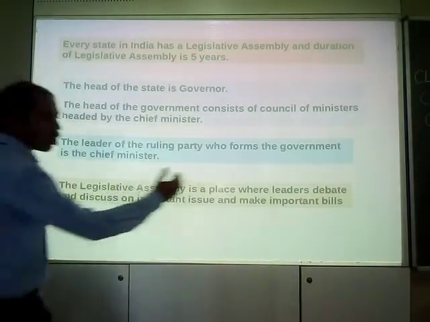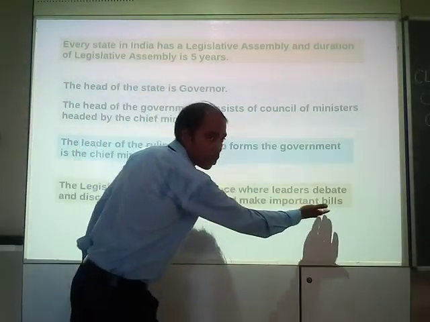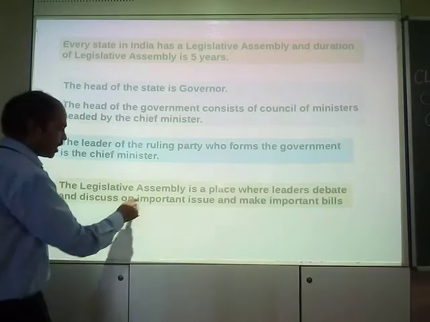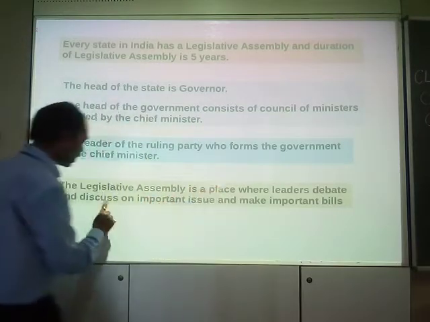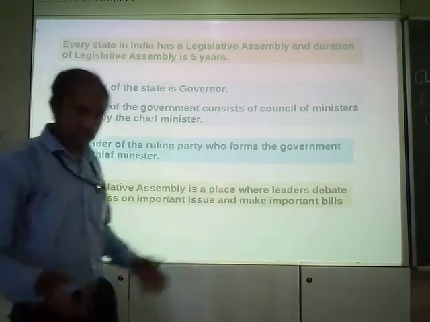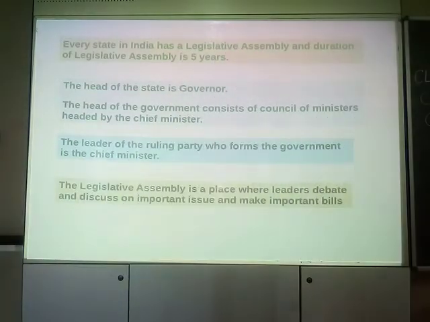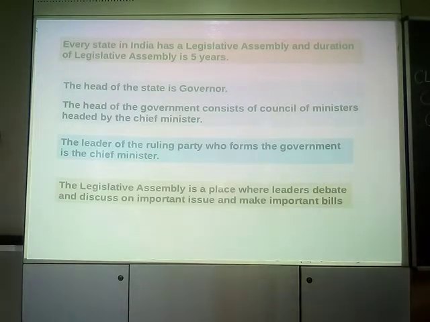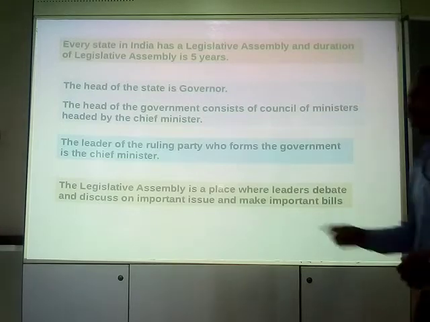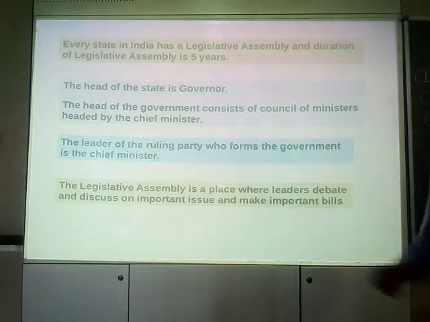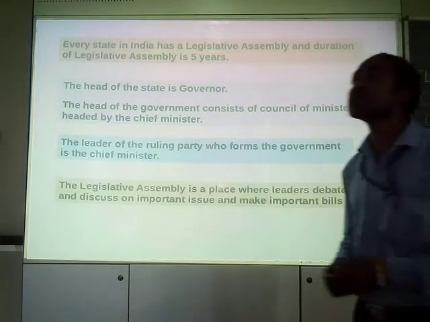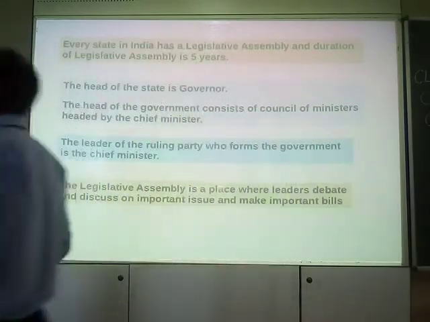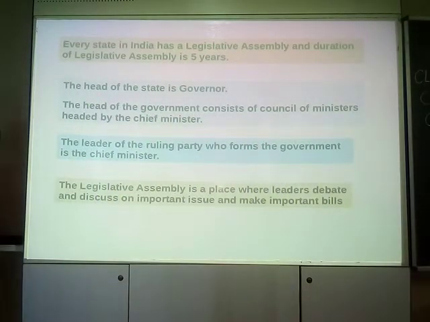So the making of laws, making of important bills, and debate and discussion on important issues take place in the legislative assembly at the state level.